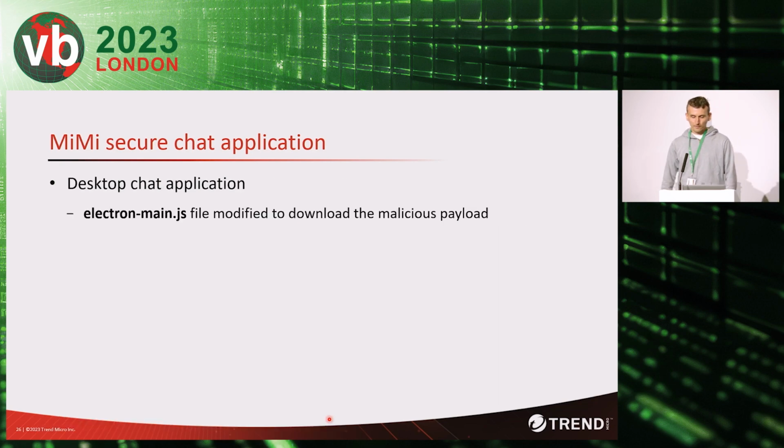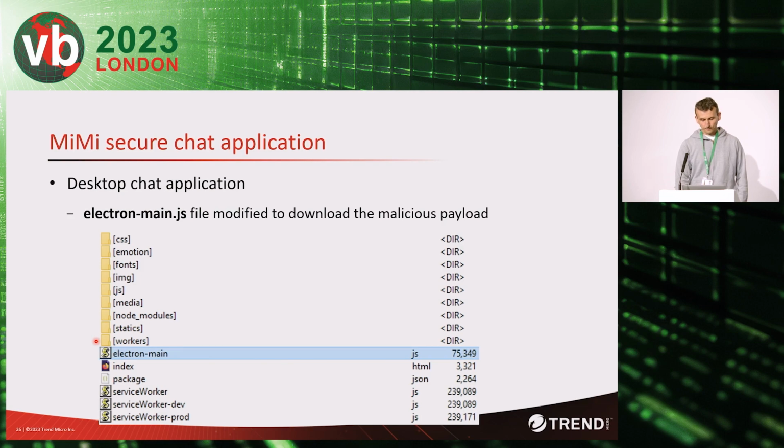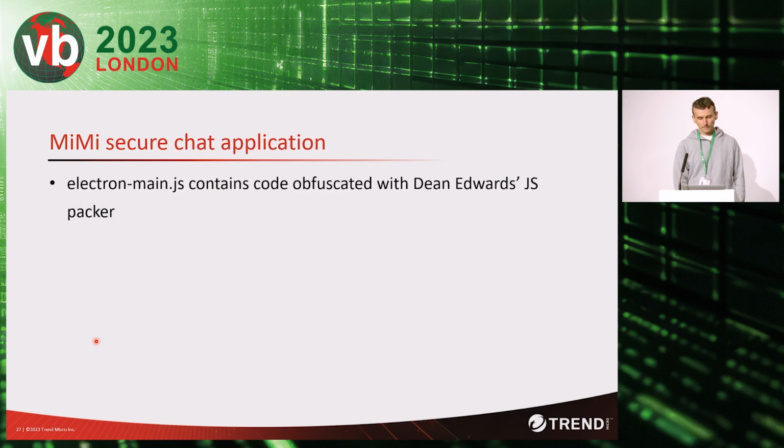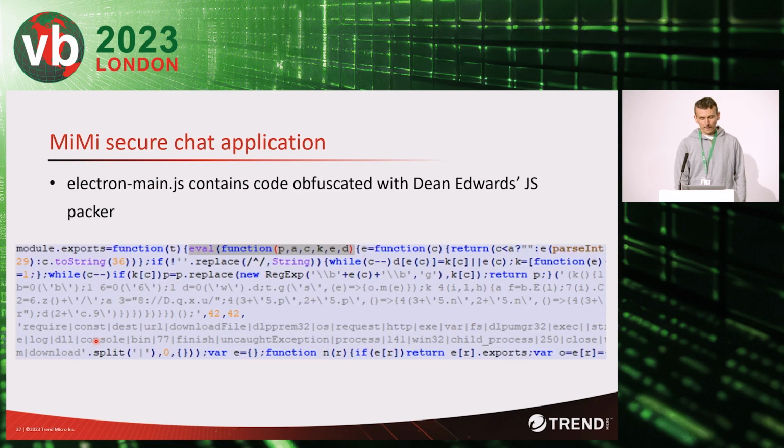For reverse engineers, we first locate the app.asar archive, as I mentioned before. In this archive, we can notice a file called electron-main.js. When we look into this JavaScript file, we can notice a suspicious obfuscated piece of code starting with the eval function packed, which is the signature of the Dean Edwards JavaScript packer.